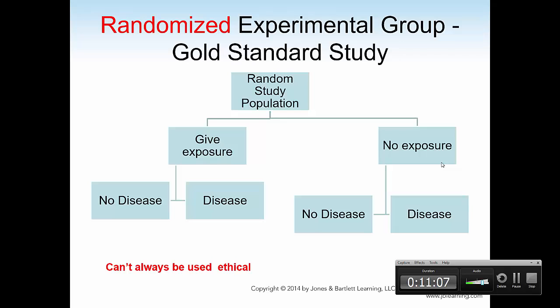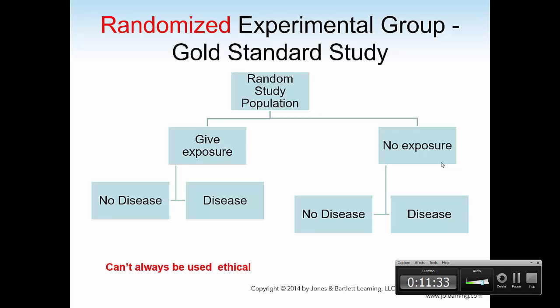So the gold standard, if at all possible, you would do a randomized experimental group. Okay, so this is experimental, it's analytical, right? In this particular study, you're going to have to manipulate your population. So you're getting involved. It's not observational, it's experimental. You are manipulating and adding things and changing things.